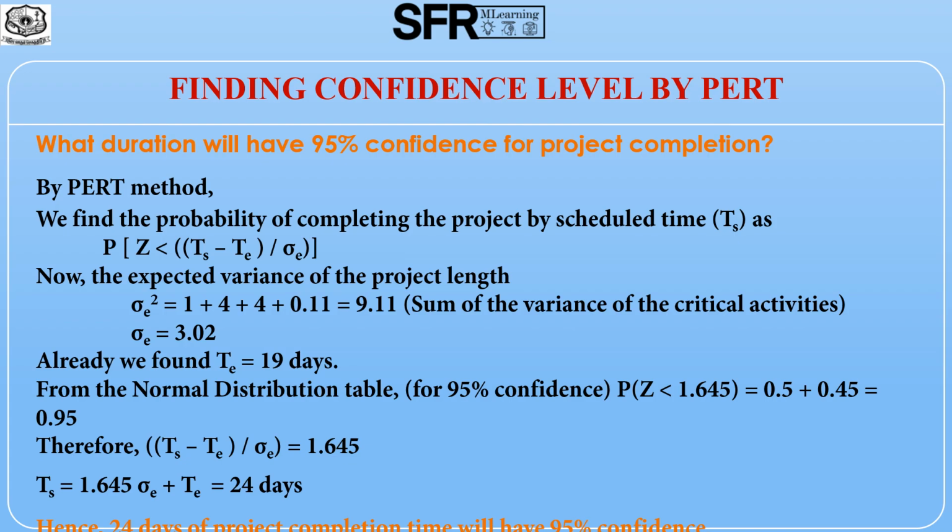That is, TS minus TE divided by sigma E must be equal to 1.645. From this we get TS equal to 24 days. Hence, 24 days of project completion time will have 95% confidence.